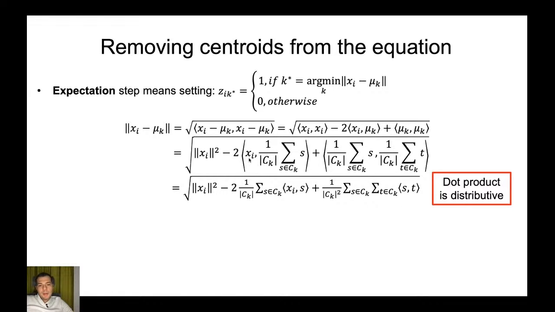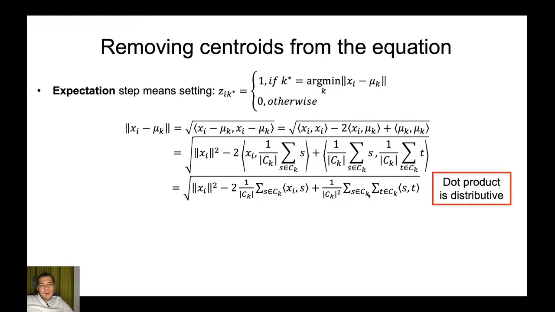So now we can take the sum here in front and rewrite this component as 2 times the sum, or actually the average, because it's also divided by the number of components in K, of the scalar product between the vector xi and s. And here we do the same, and we obtain the sums over s and t of the scalar products between all the samples s and t in the cluster K.